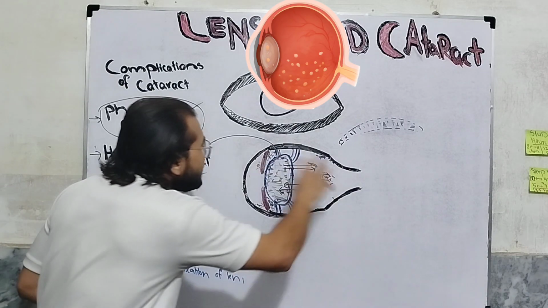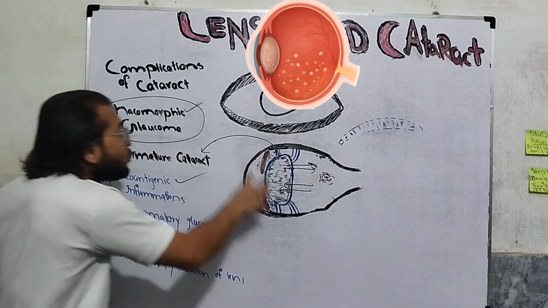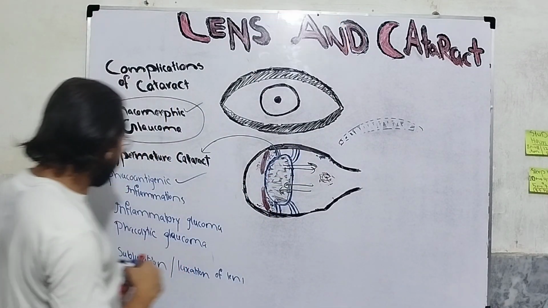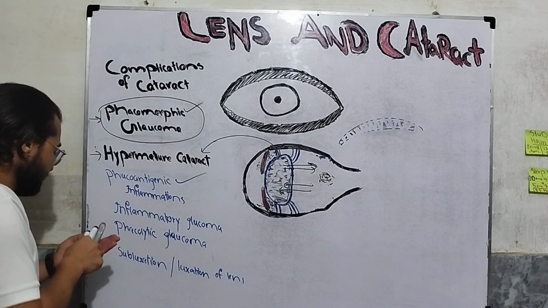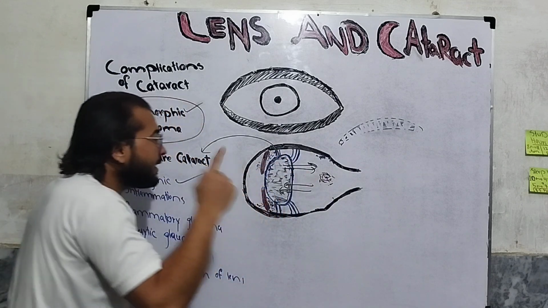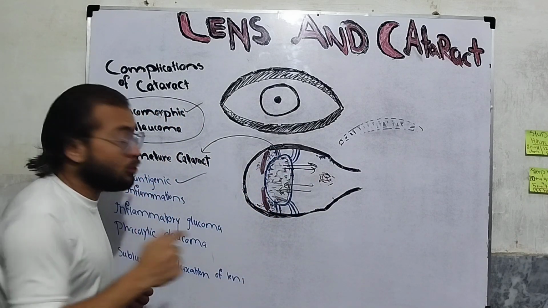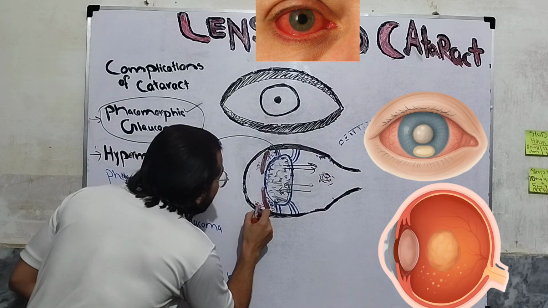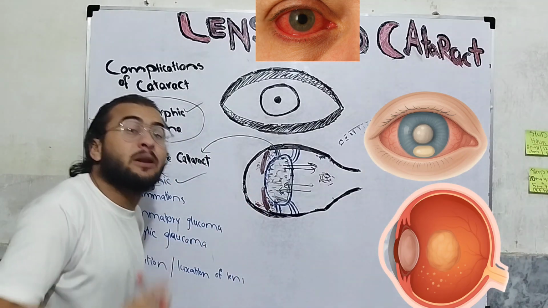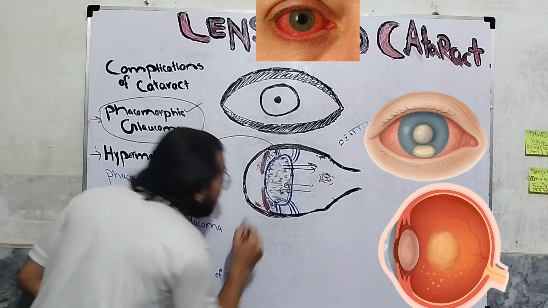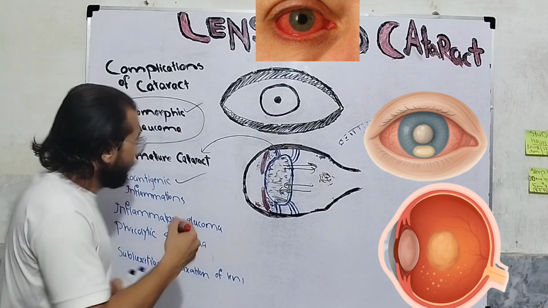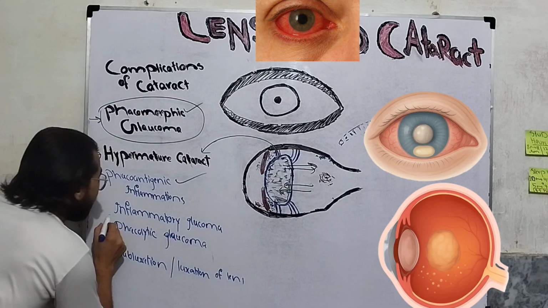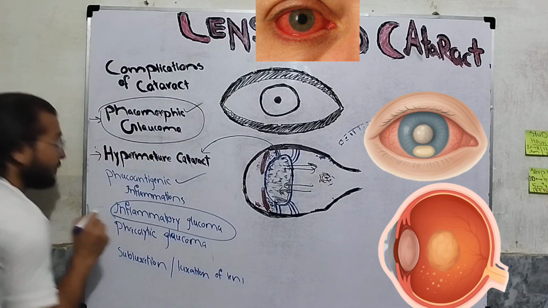So due to the antigenic nature of this protein, it will cause inflammation of different surfaces of the eye. Now due to these proteins, another thing happens, which is inflammatory glaucoma, from the inflammation of the trabecular meshwork. This inflammation of the trabecular meshwork leads to increased intraocular pressure, which is called inflammatory glaucoma. So now this protein has caused inflammatory glaucoma.